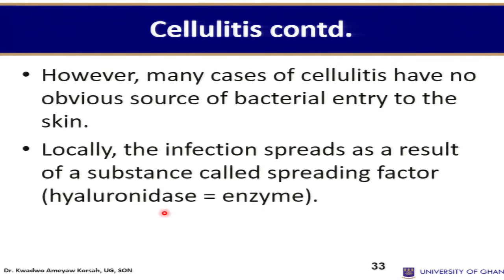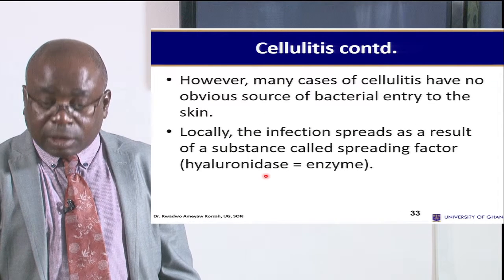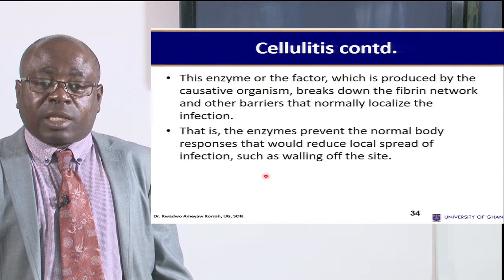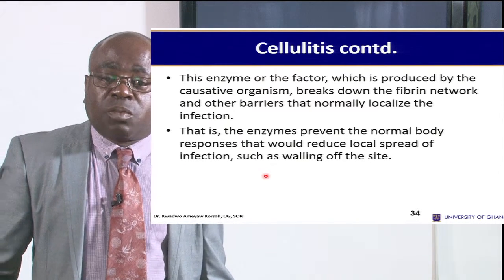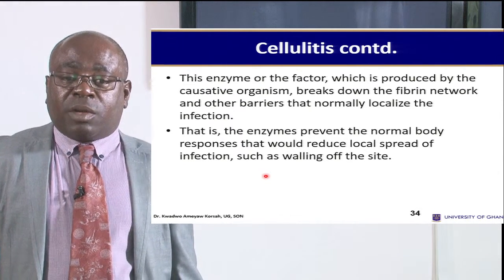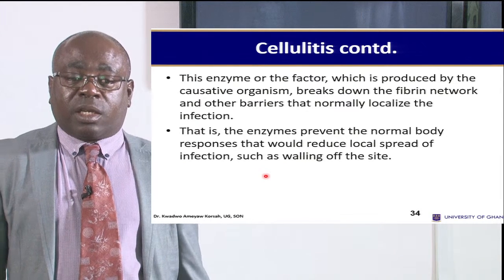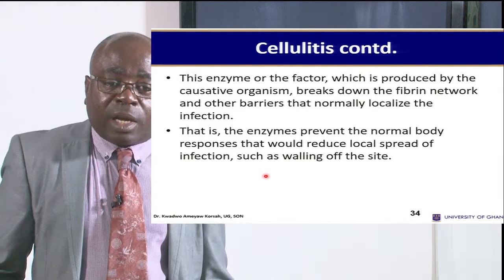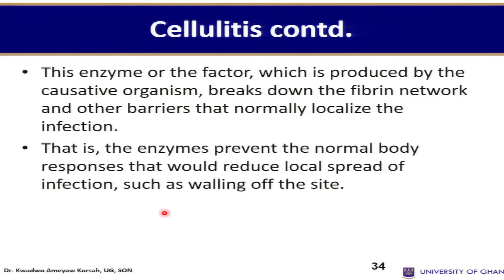It may occur in individuals with chronic conditions like diabetes. Locally, we have the infection spread as a result of a spreading factor, which is an enzyme produced by the causative organism that breaks down the fibrin network of the skin, which serves as a barrier and normally localizes the infection.